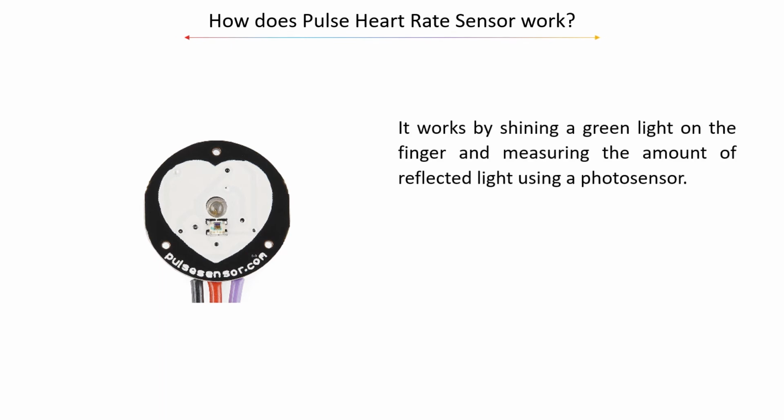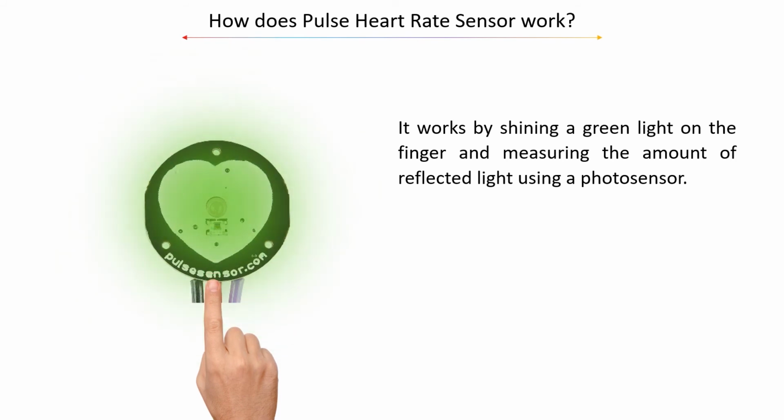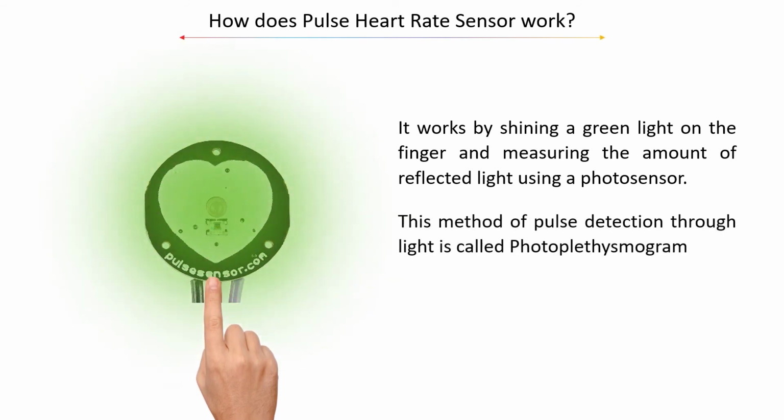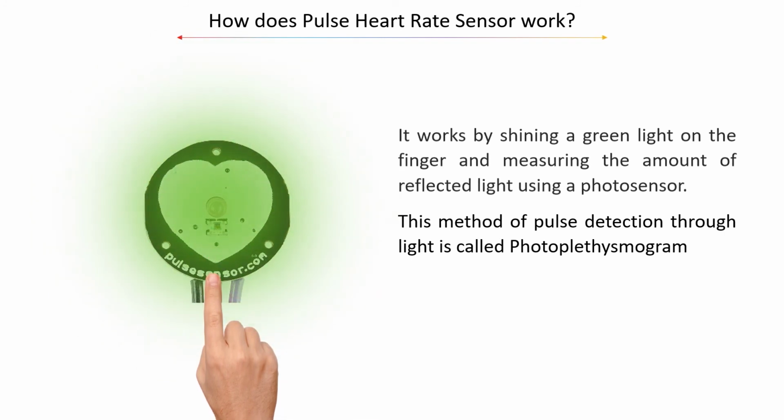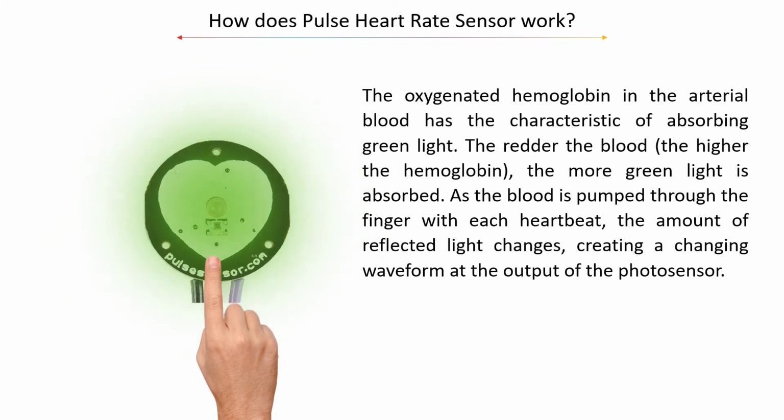It works by shining a green light on the finger and measuring the amount of reflected light using a photosensor. This method of pulse detection through light is called photoplethysmogram. The oxygenated hemoglobin in the arterial blood has the characteristic of absorbing green light.